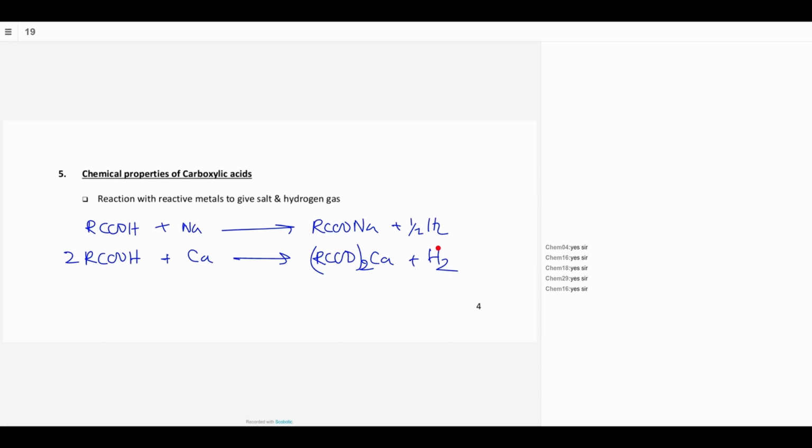But still, it reacts. In the laboratory, we don't do these reactions, and if you want to demonstrate, we have to do it under extremely controlled conditions. But group 1, like lithium, is very safe, and group 2 reacts safely, right? So carboxylic acids will react with the metals to form the salt and hydrogen gas. Please copy the reaction.